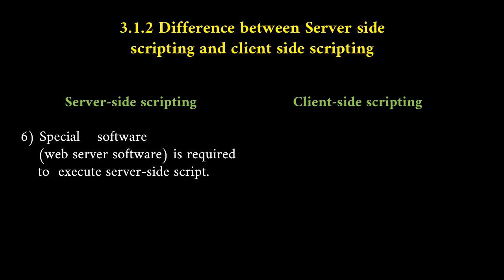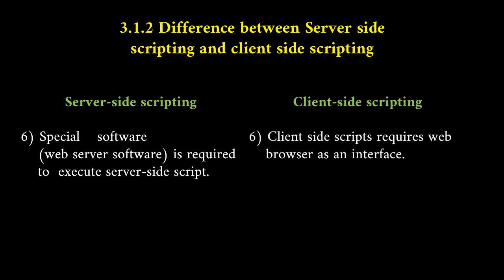These are the programming software that we are going to use to write a program to execute as server side script. But on the other hand, client side scripting does not require any type of software. Client side script requires a web browser as an interface. Why is it required as an interface?